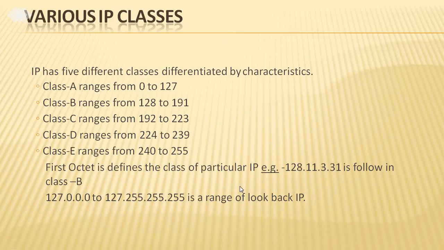The first octet defines the class of a particular internet protocol address. 127 is the range of loopback IP addresses.